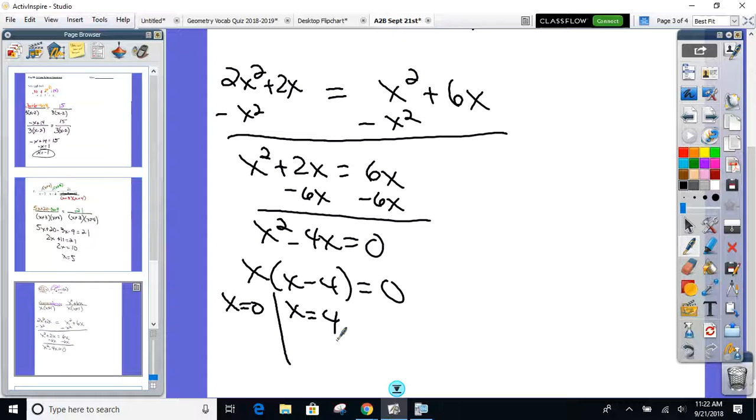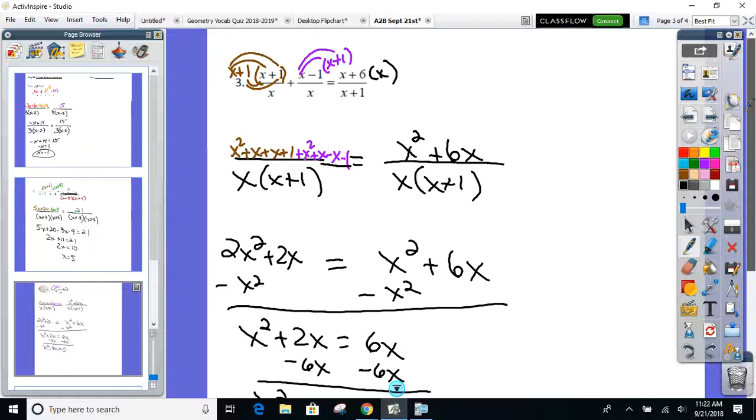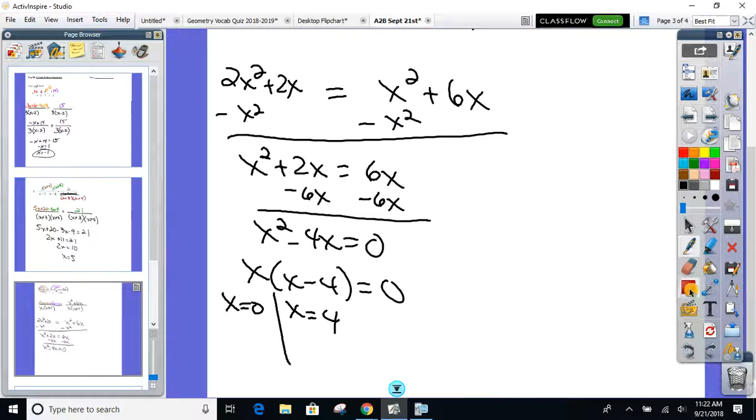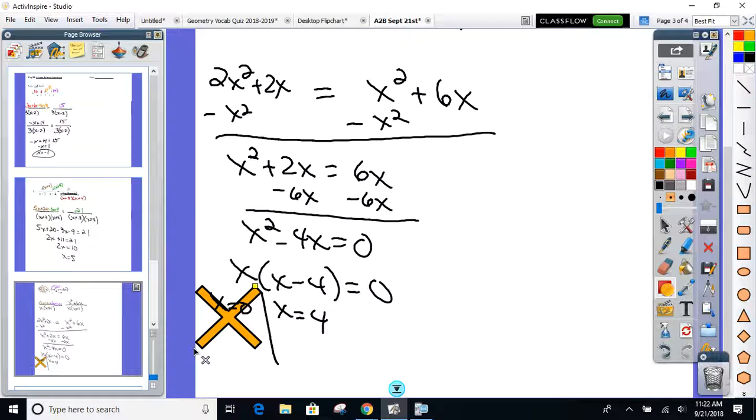Why is one of my answers no good, definitely going to get rejected here? What's wrong with 0? You cannot have 0 in the denominator. So having a 0 here or here will not work. So I need to reject it. All right? Rejected.